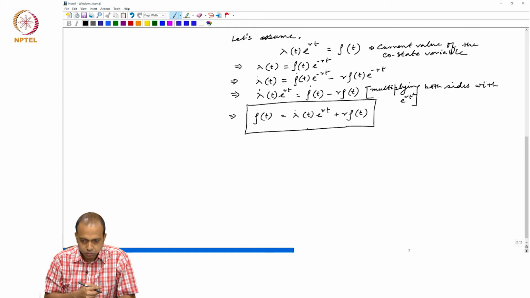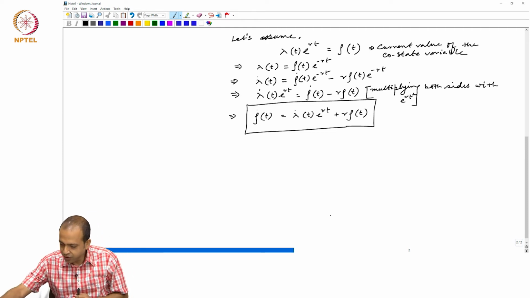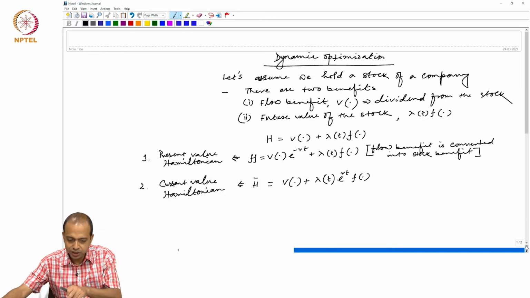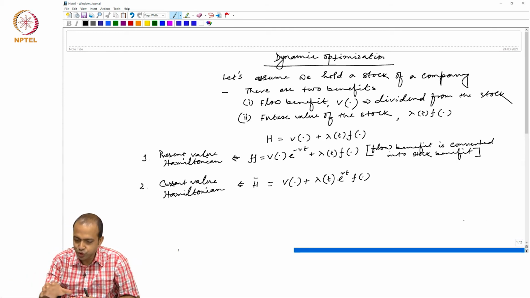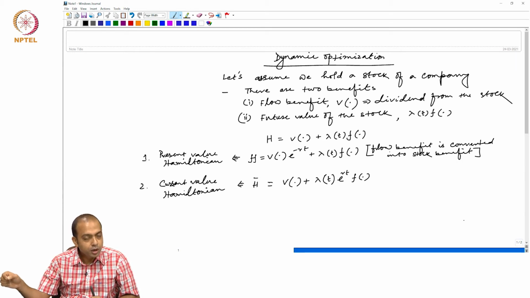Now, previously we have defined the h function, particularly the present value Hamiltonian equals to this. So, present value Hamiltonian, if we differentiate, that means when you are trying to maximize the flow and stock, these two benefit, what we have to do actually, we need to differentiate this Hamiltonian with respect to your decision variable, which is nothing but y t, very simple, and set it equals to 0.